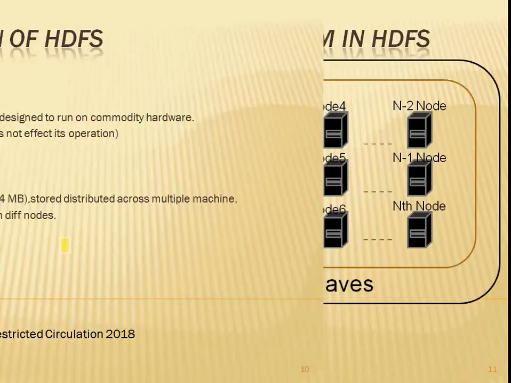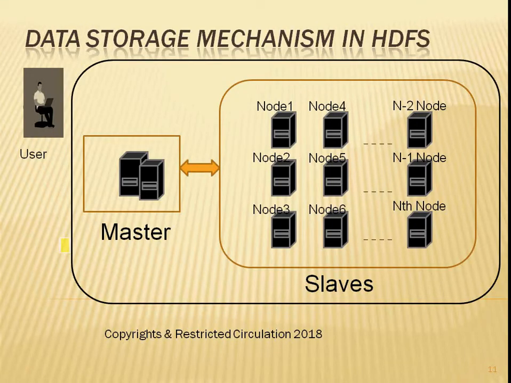Let's move ahead. Guys, this is the data storage mechanism in HDFS. All the points which we have said earlier will be cleared here. We know that we have a master, and we have several nodes which constitute slaves. From the master we will submit a file. The size of the file is in TB, terabytes.